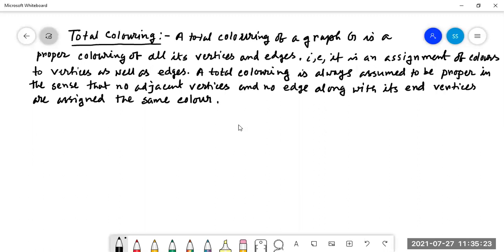This is called the total coloring. Total coloring means vertex coloring as well as edge coloring.